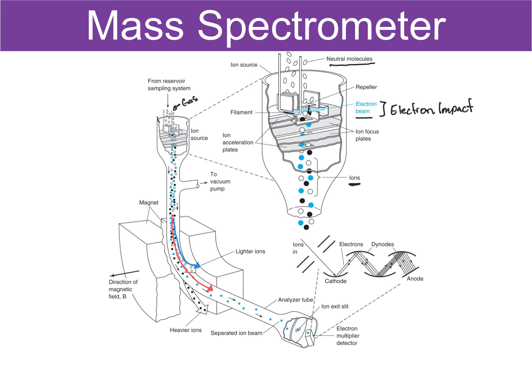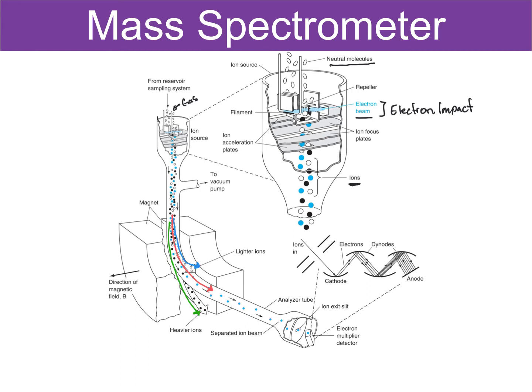And so they're light and they turn too far and they run into the wall. And likewise, it takes a lot more magnetic force to make the heavier ions turn. And these ions, they don't turn enough. And so they run into the wall and they do not get through the mass analyzer.